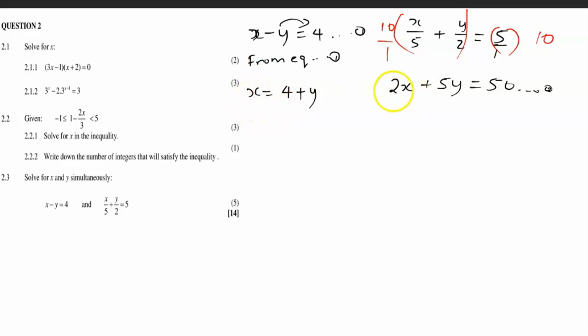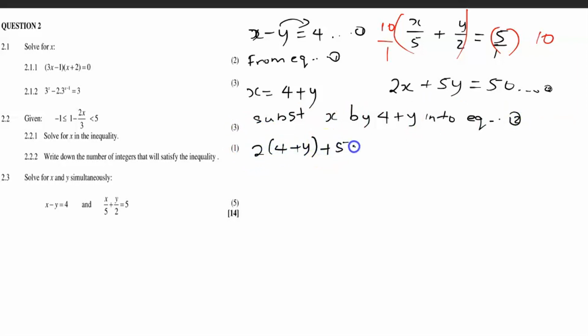Then where there's x on this side, you can just substitute this because that is actually the same as x. So you say substitute x by 4 plus y into equation 2. So you've got 2 into 4 plus y plus 5y equals 50. So where there was an x, you just substituted that.